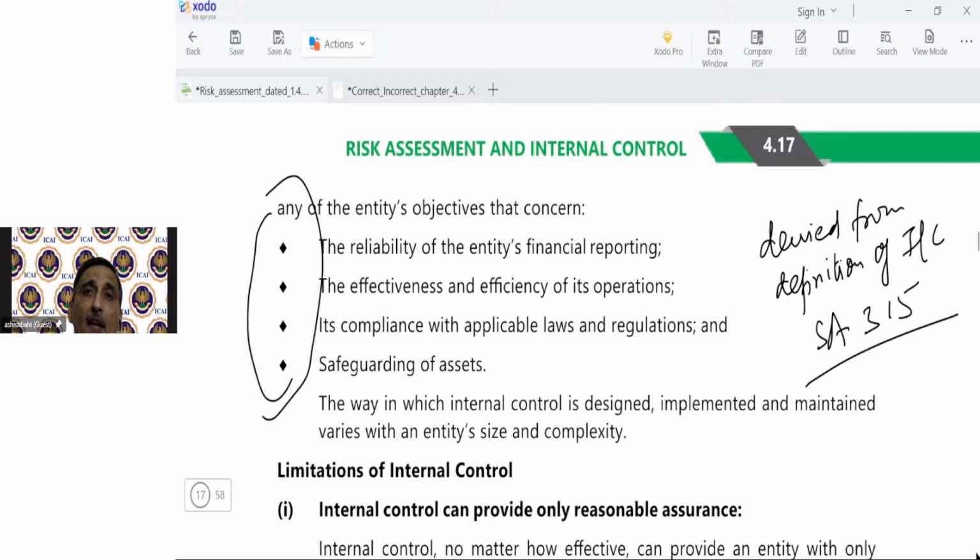If the company is not compliant, then how does it affect the auditor? Tell me. How does it affect the auditor? Can you tell?